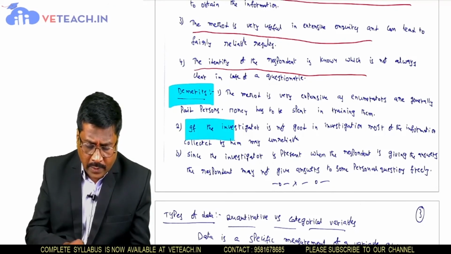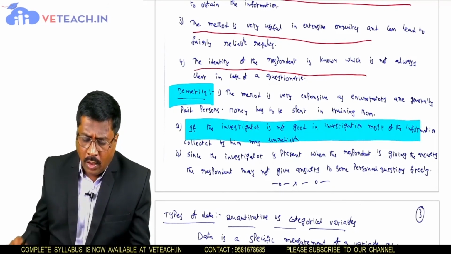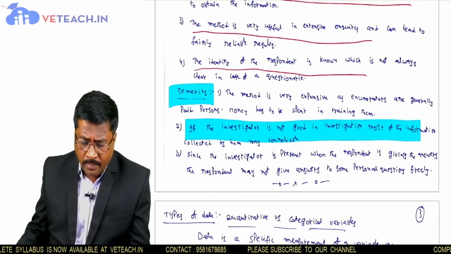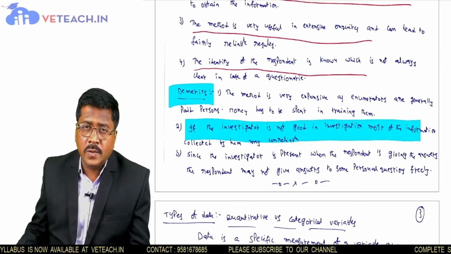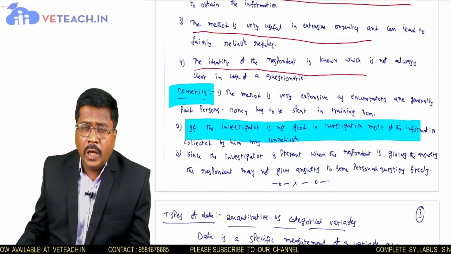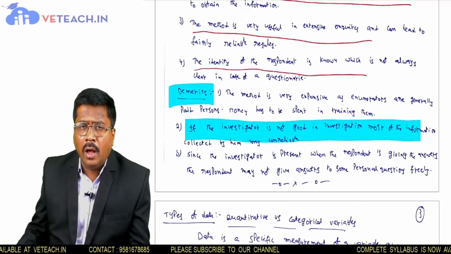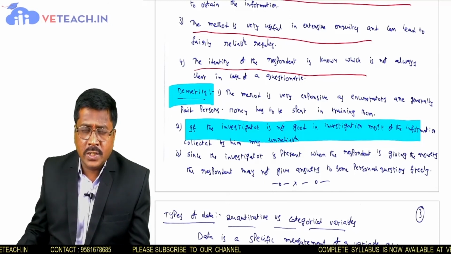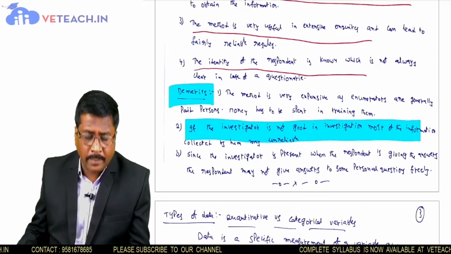The second one is, if the investigator is not good, most of the information collected by him may be unreliable. Suppose the investigator is not a reliable person, then he may fabricate data instead of collecting it from the persons, so that information is not reliable. This is the main demerit.